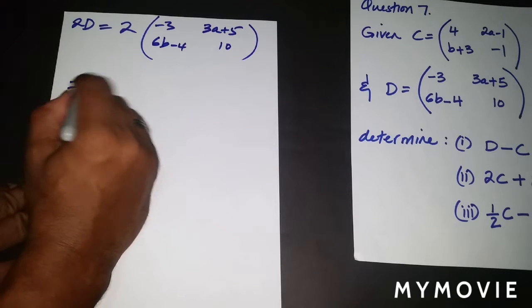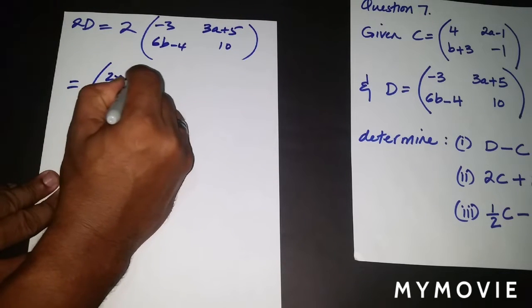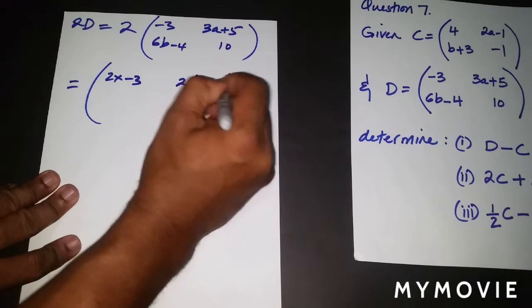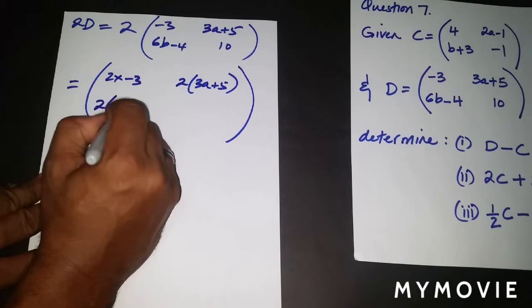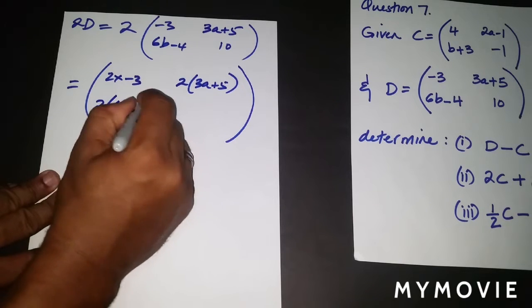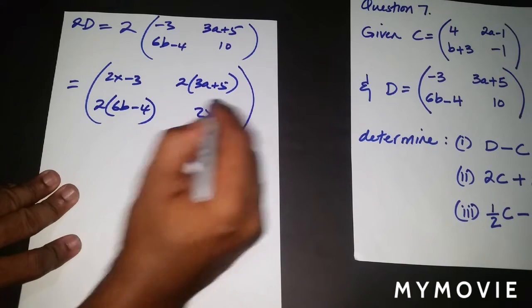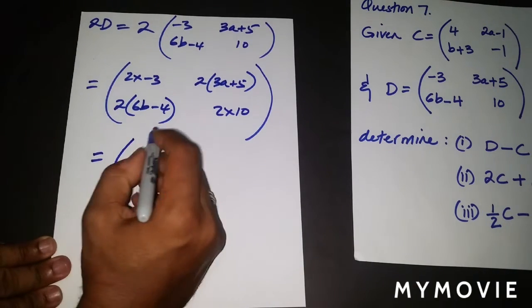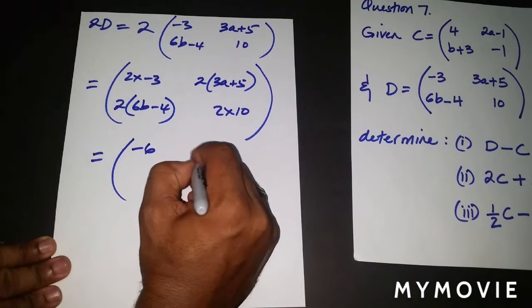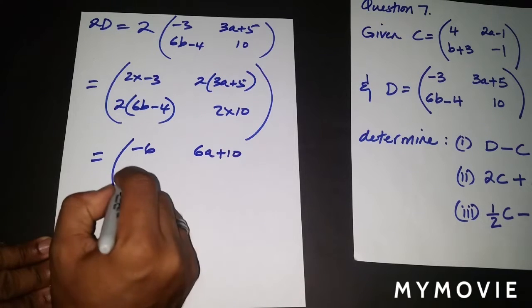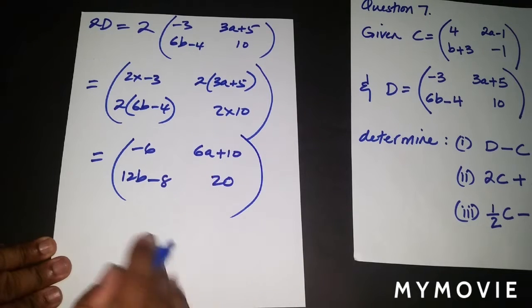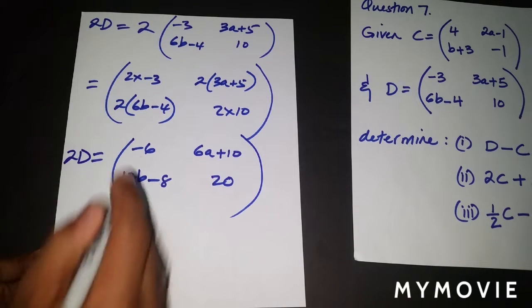So this would simply be 2 times minus 3, 2 open bracket 3a plus 5, 2 open bracket 6b minus 4, and 2 times 10. And this would give us minus 6, 6a plus 10, 12b minus 8, and 20. Alright, and that is what 2D would be equal to.